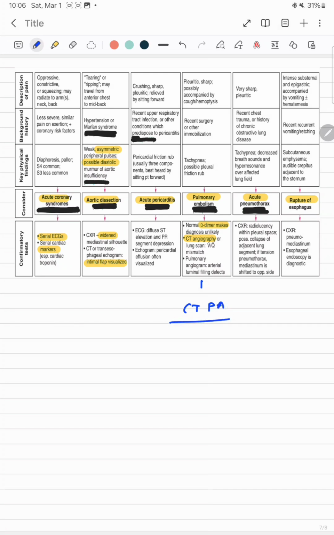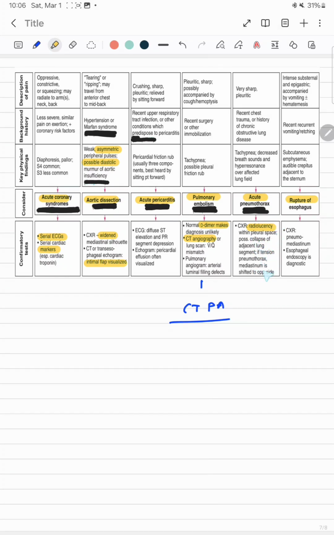pulmonary embolism. Coming to the next life-threatening cause, acute pneumothorax. It is very sharp, pleuritic, with recent chest trauma or history of chronic obstructive lung disease. Tachypnea, decreased breath sounds, and hyperresonance over affected lung fields will point towards acute pneumothorax, which can be confirmed by chest radiolucency with pleural space, collapse of adjacent lung segment.